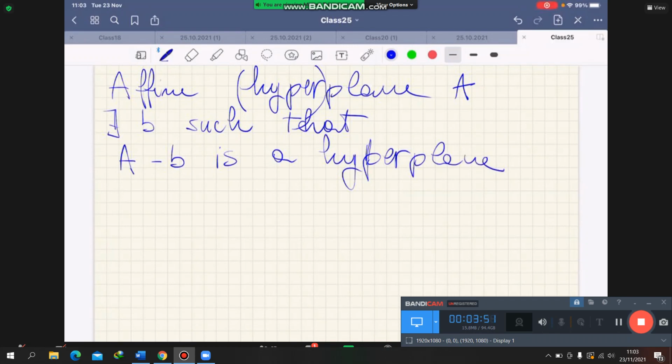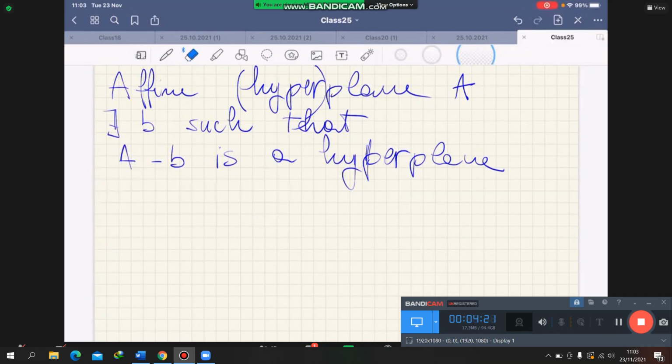So for all x, we already know the characterization of a hyperplane. Remember, then for all x in A, or even better, let me be more precise.